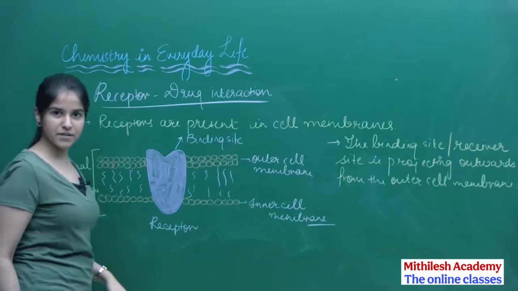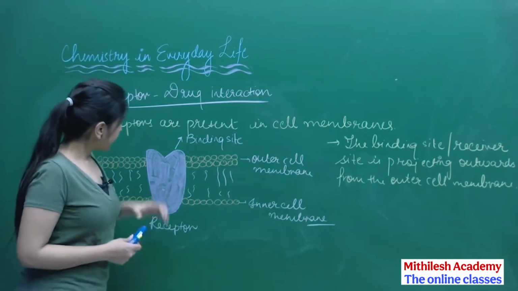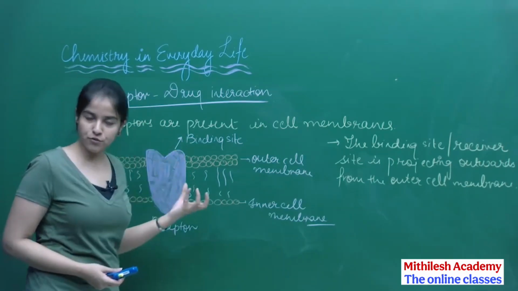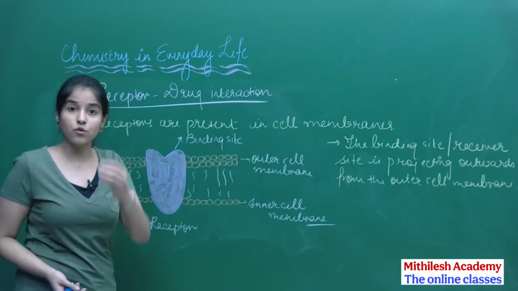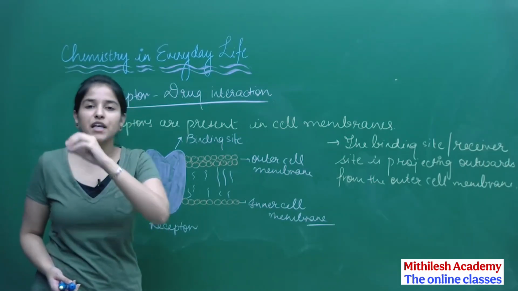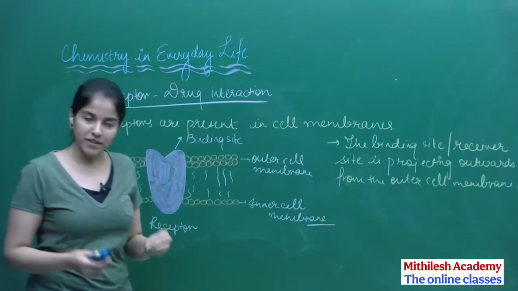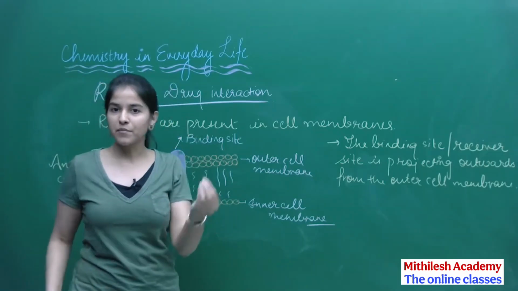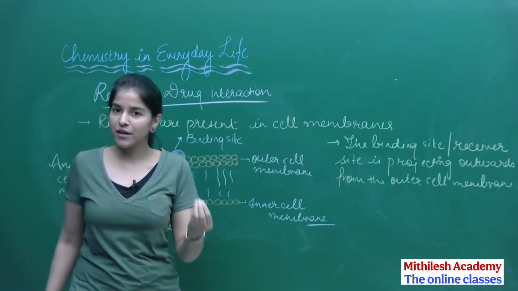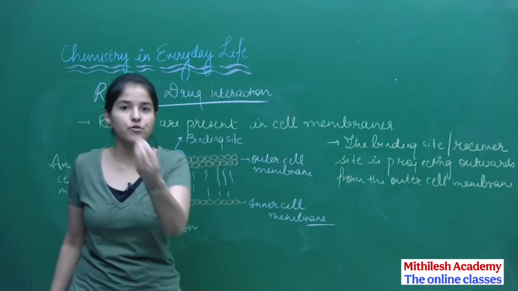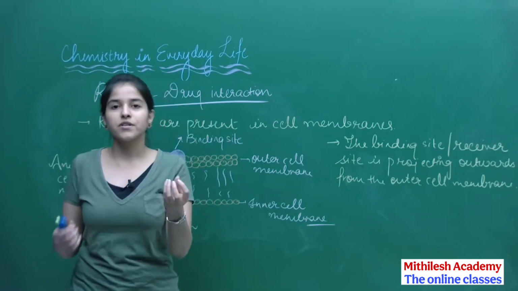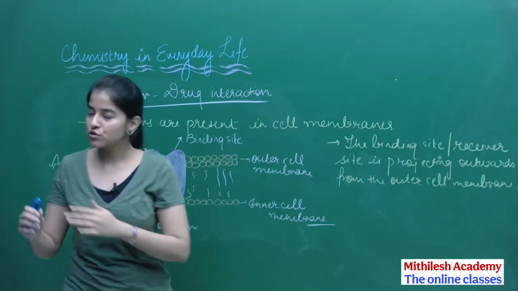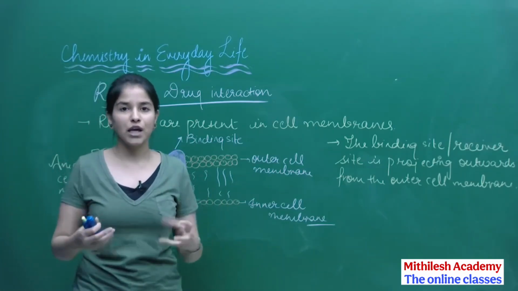So now what happens? There is some kind of site over here which will receive something. So what is that something? It is the chemical messenger. Some kind of signals, some kind of information is passed on from one neuron to another. So that neuron now transmits the information onto the muscles. So how does it take place?